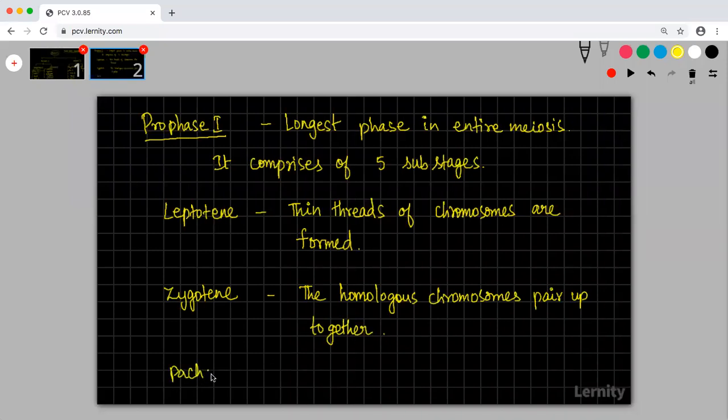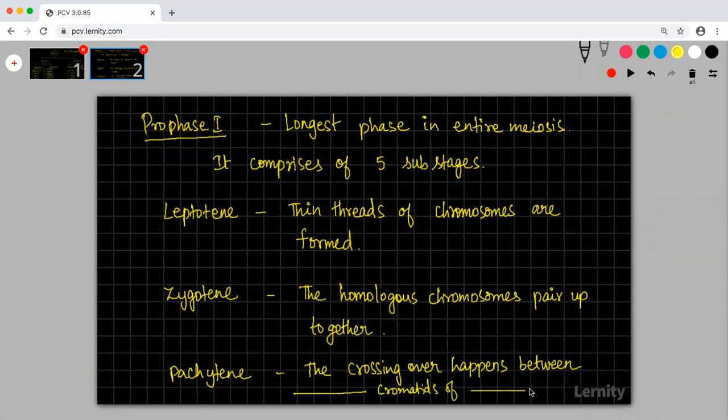Pachytene: the crossing over happens between... what is the first dash?